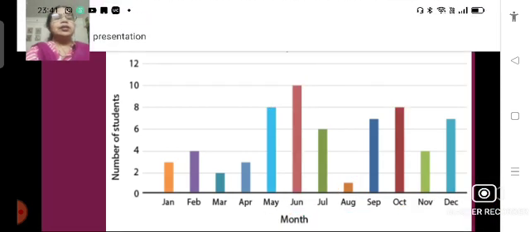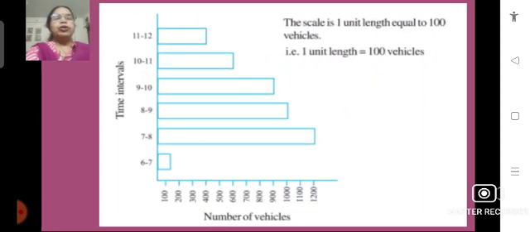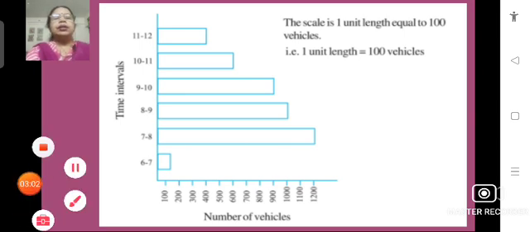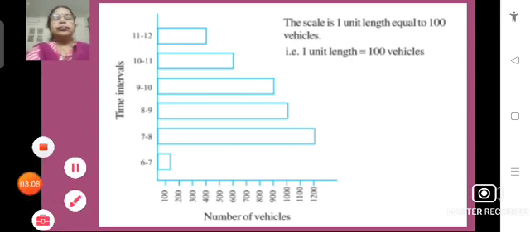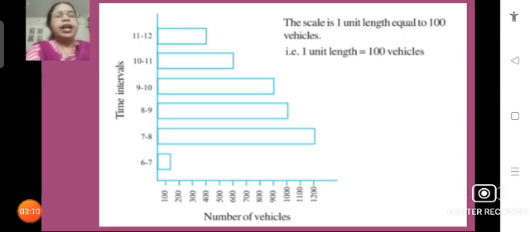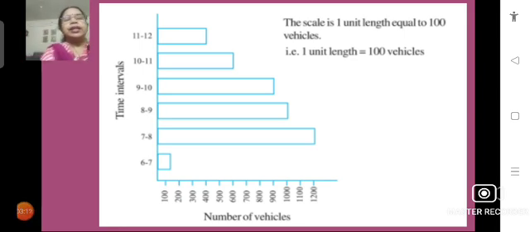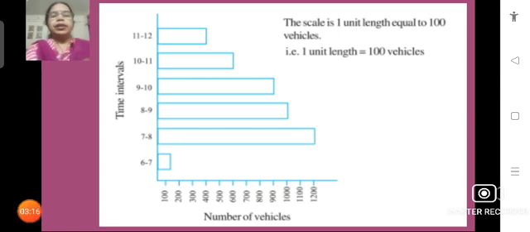Let us see a few more examples to understand how to study a bar graph. Here is a bar graph which shows the vehicular movement through a crossing every hour from morning 6 to noon 12.